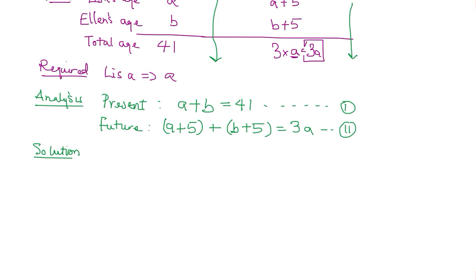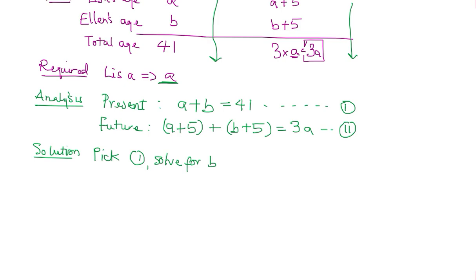So let's start off with picking equation 1, which is the present equation. And once you pick that equation, we're going to solve for B. And why are we solving for B? The reason is to be able to put B in equation 2 in order for us to solve for A, which is the required.